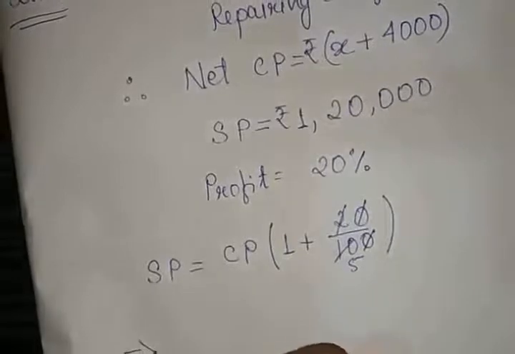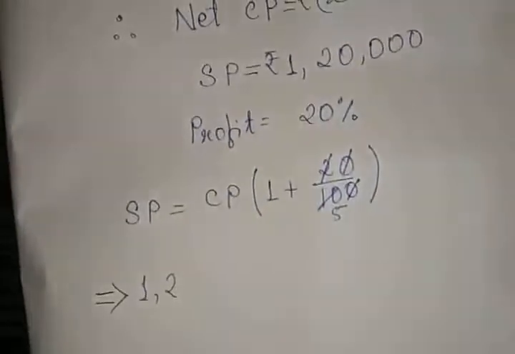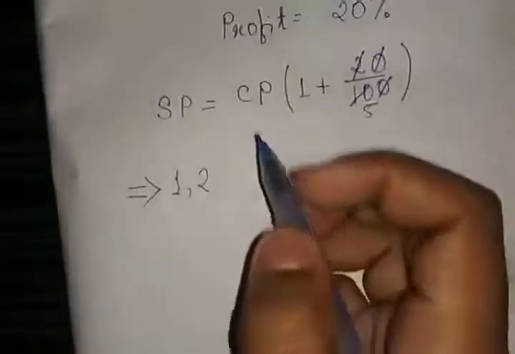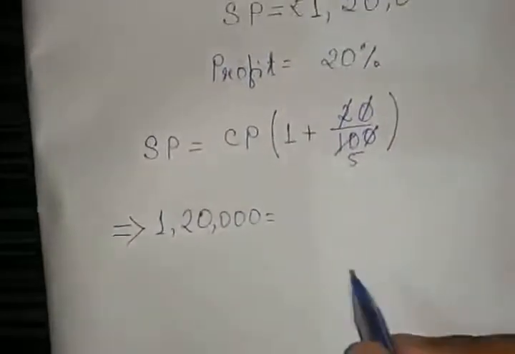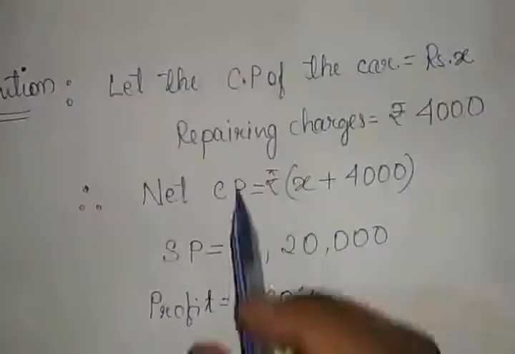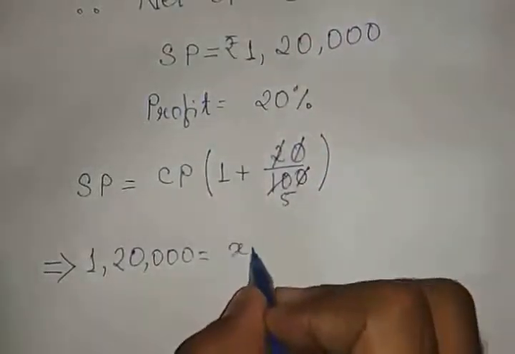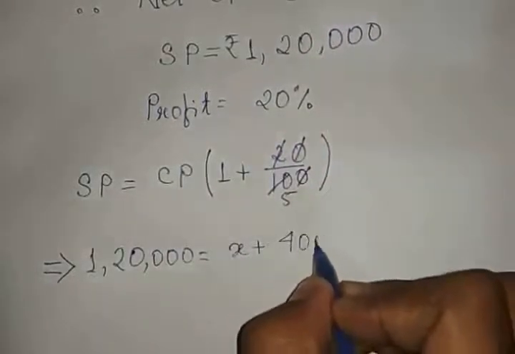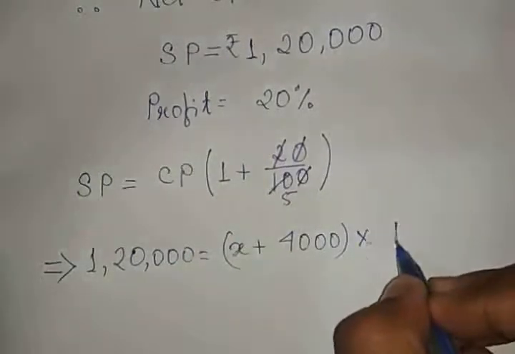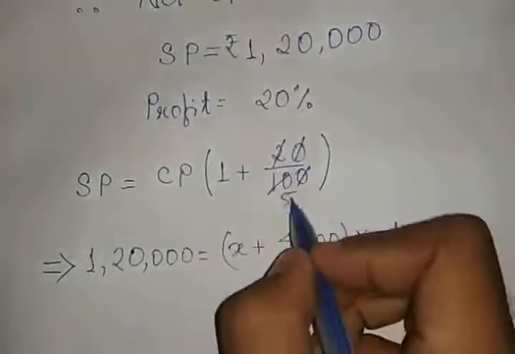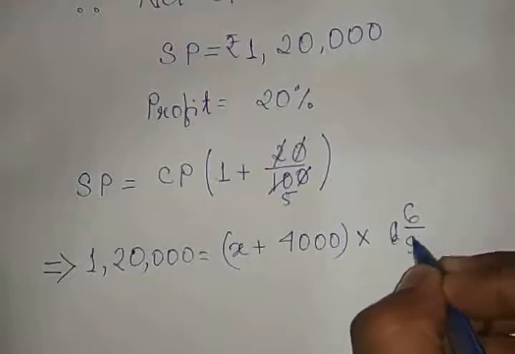Let's replace the selling price. It is given 1,20,000. The cost price, what was the net cost price? X plus 4,000. So the cost price is X plus 4,000, multiplied by, if we add this, 5 plus 1, this will be 6 upon 5.